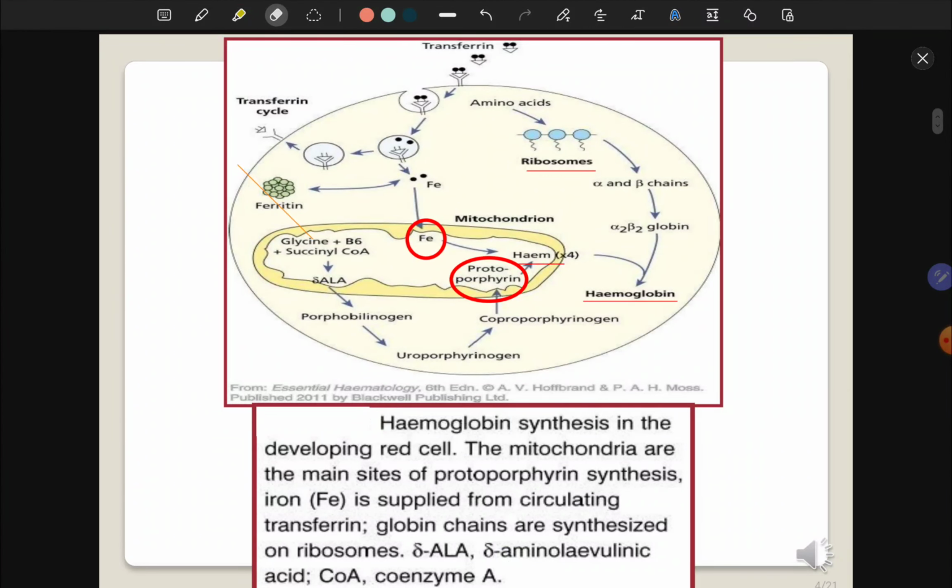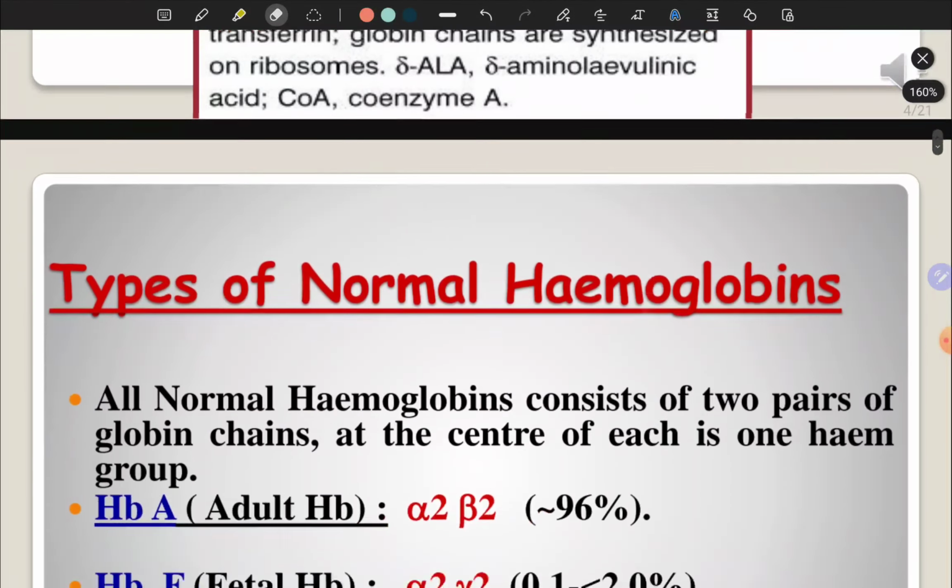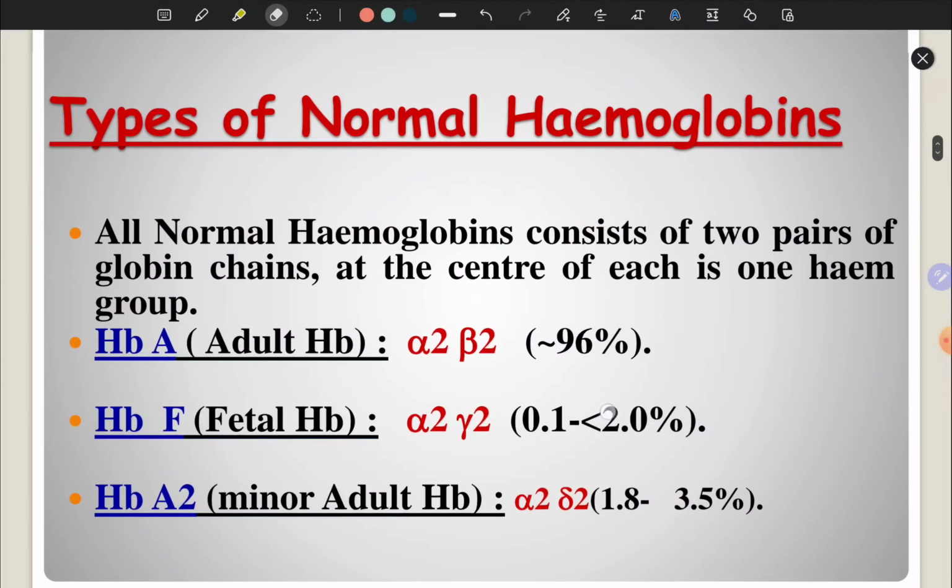Now, the three types of hemoglobin in an adult. We do electrophoresis to quantify the hemoglobin types: A, F, and A2.